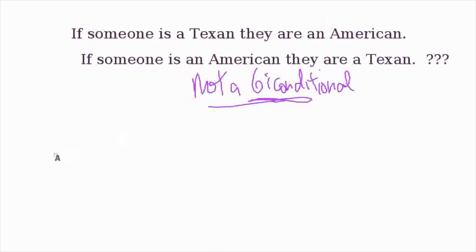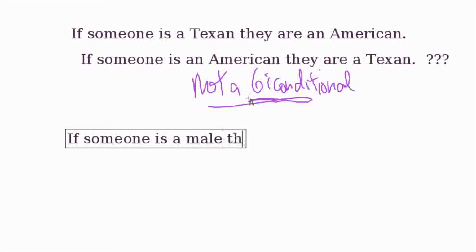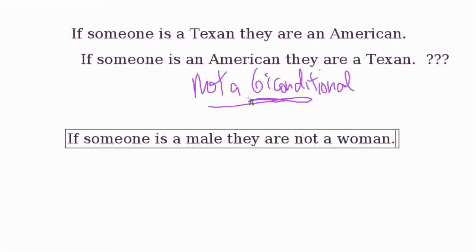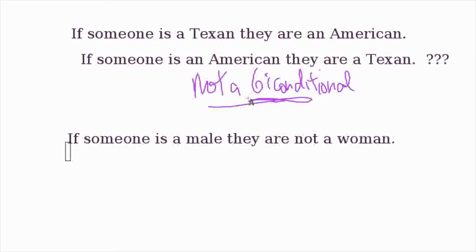All right, let's try a different one. If someone is a male, they are not a woman. That's a conditional. Is it a biconditional? Well, let's see. Does it work in the other direction?